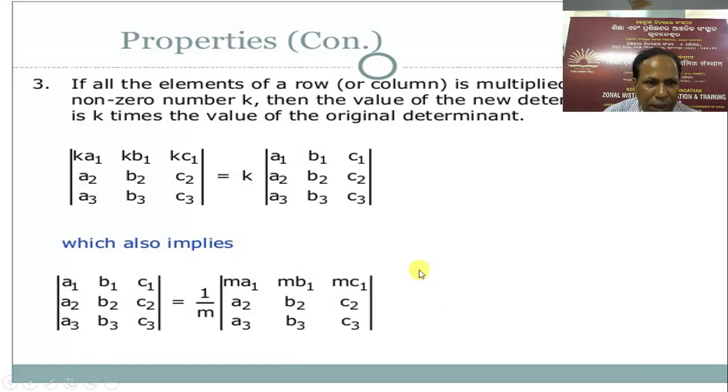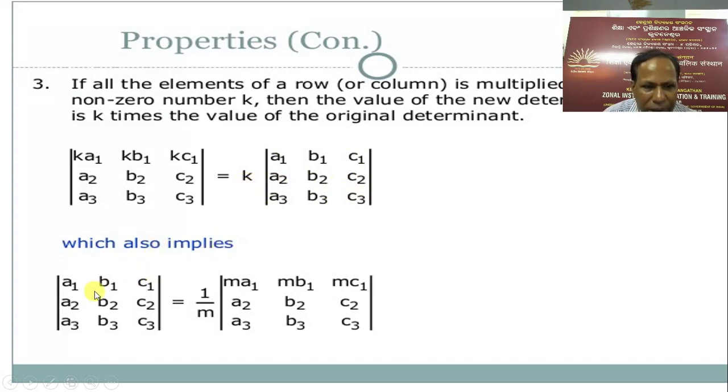Coming to property 3: if all the elements of a row or column of a determinant are multiplied by a non-zero constant k, then the value of the new determinant is k times the value of the original determinant. Here we find that all the elements of the first row are multiplied by k. It is the same as multiplying the whole determinant A1, B1, C1, A2, B2, C2, A3, B3, C3 by the same constant k.